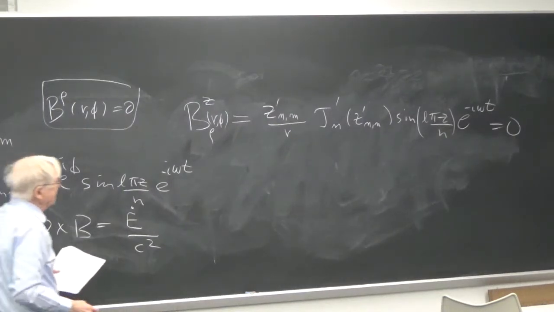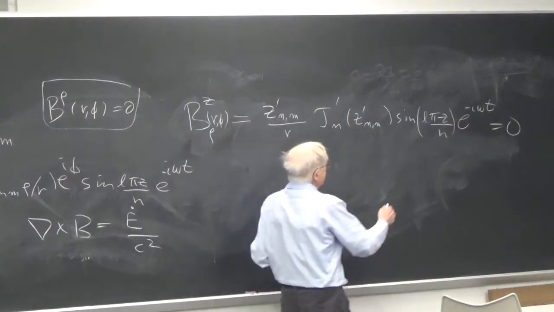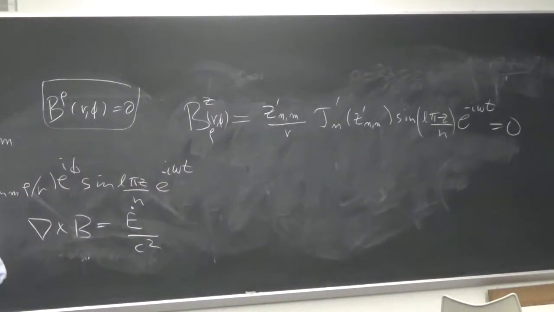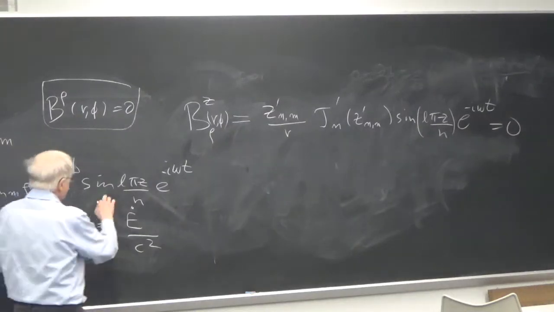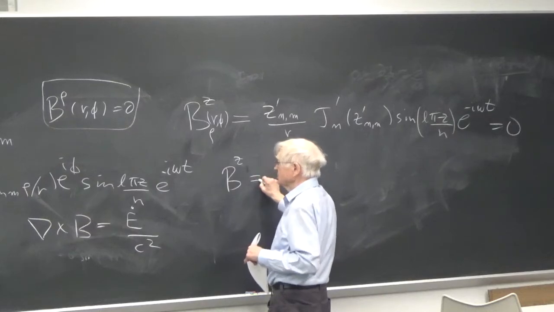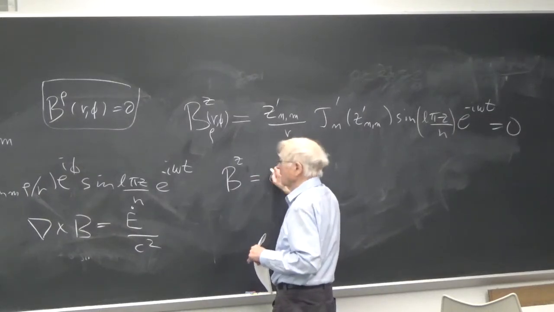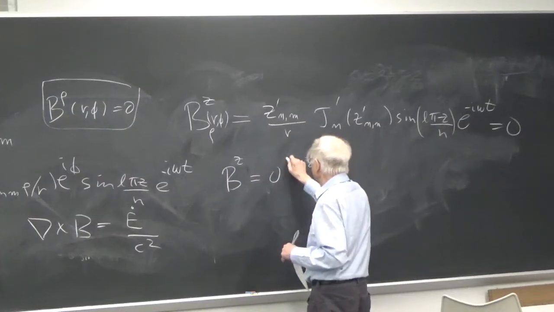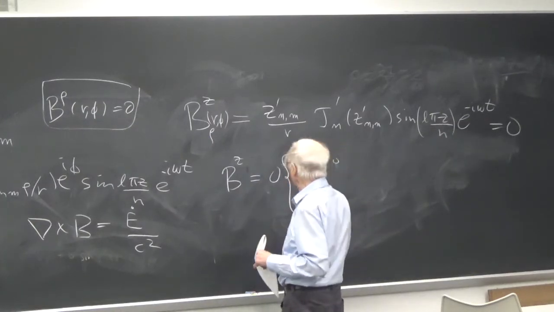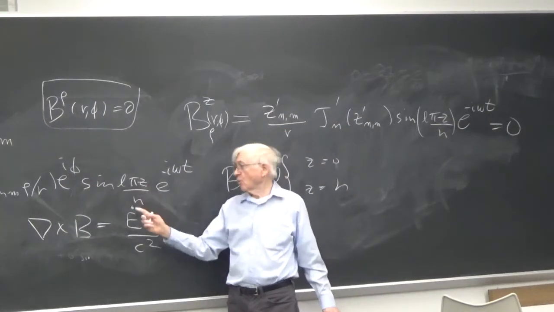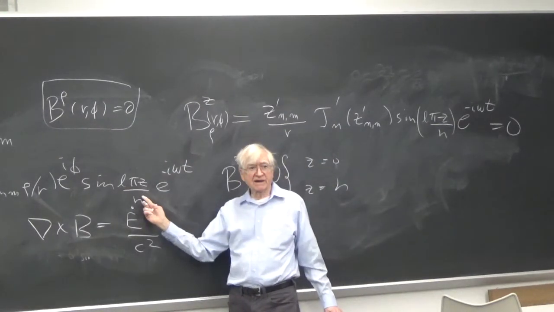Now the sine of pi Z in the solution for BZ means that BZ is equal to 0 when Z is equal to 0, and also when Z is equal to H, because then we have sine of 0 or sine of L pi.